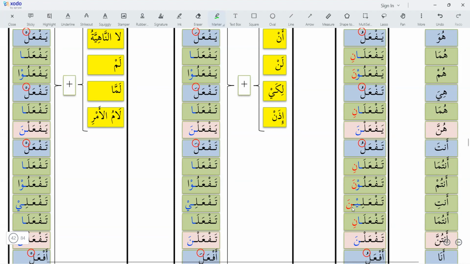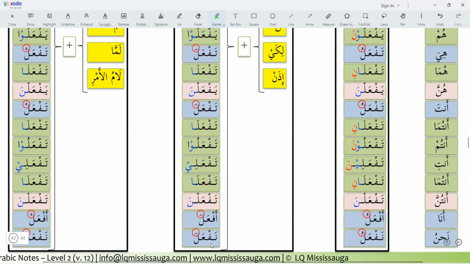Anti taf'alina, marfu. Taf'ali, the noon goes. So it is mansub here, and we delete the noon. Antuma taf'alani and an taf'ala, the noon goes here. Then antunna taf'alna is mabni.